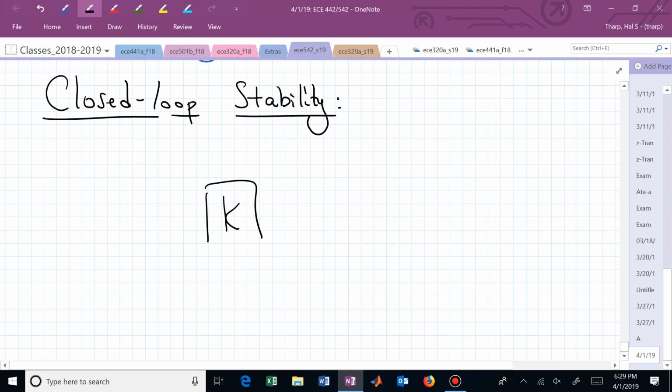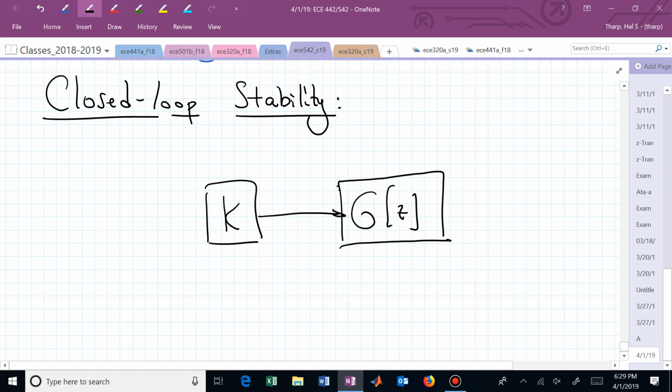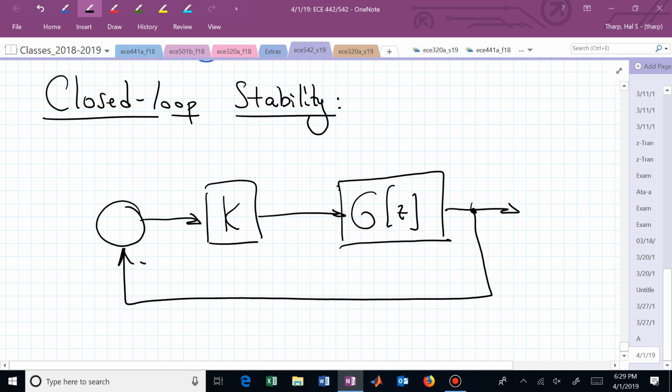What's that look like? Well, we have a gain k. We have our plant, g of z, and we're going to interconnect that in the classical way of just feeding back the output with a unity gain, comparing that with a reference signal, and that will then generate our output y.